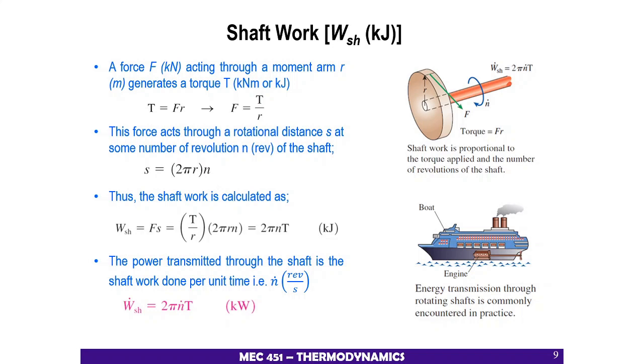For example, we continue with shaft work. Shaft work is a force acting through a moment arm that generates a torque. Your torque is equal to force times r, your moment arm or radius.